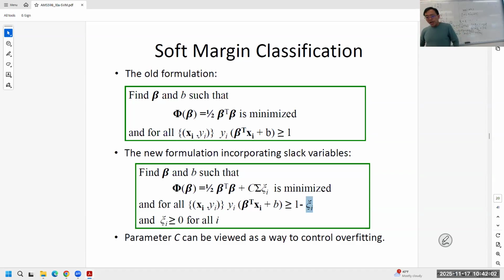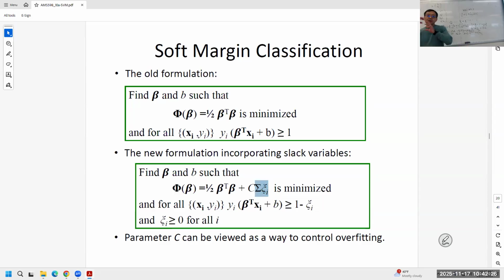Now, of course, this psi i cannot be very large, because if psi is too large, then I basically have no control for the points, right? So psi first of all has to be bigger than or equal to 0. The second term is that I want to minimize the summation of psi.